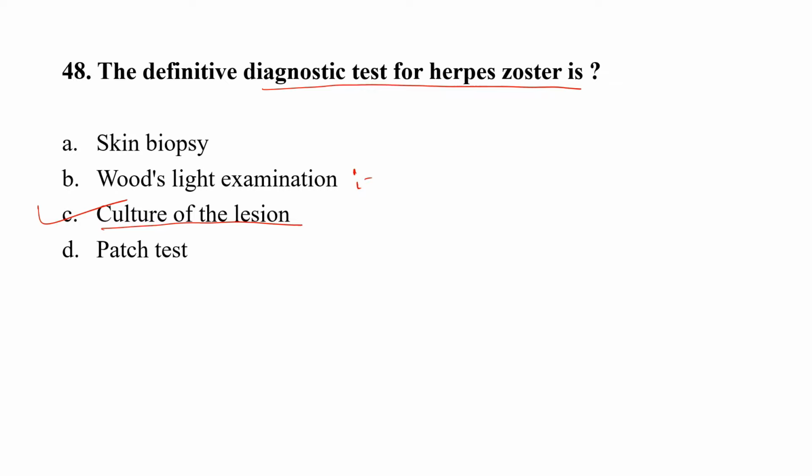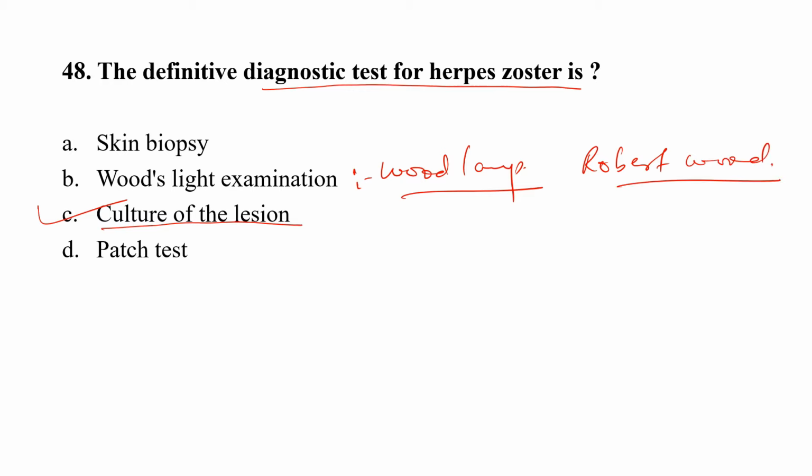And Wood's light examination, also called Wood's lamp, was developed by American physicist Robert Wood, and this Wood's lamp is used as a source of long wave ultraviolet light and can be used to detect fluorescence in the skin and in the hairs. And patch tests are the tools used to identify the etiology or the agent of allergic contact dermatitis.